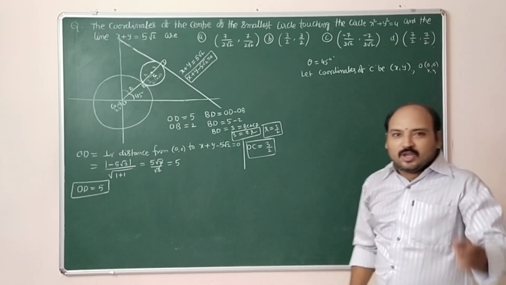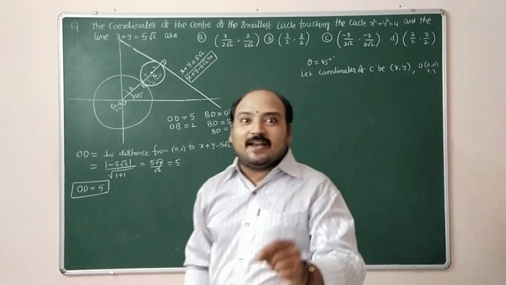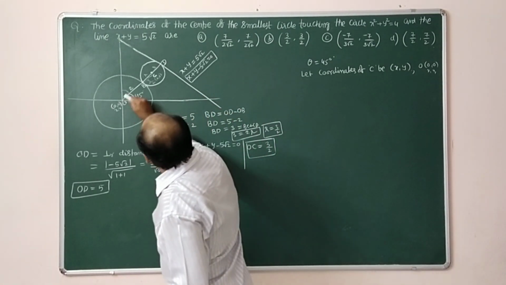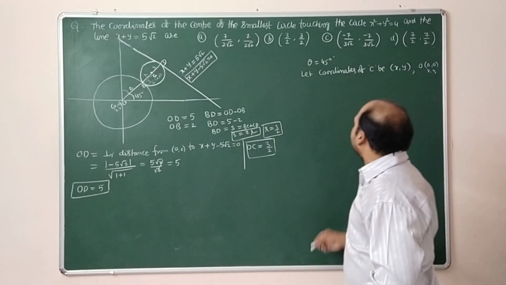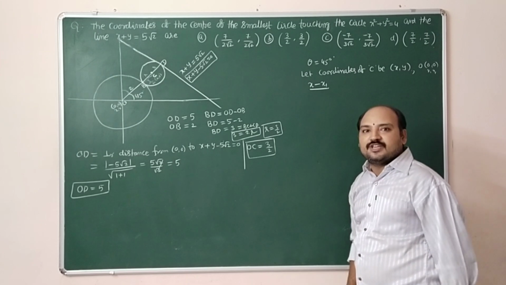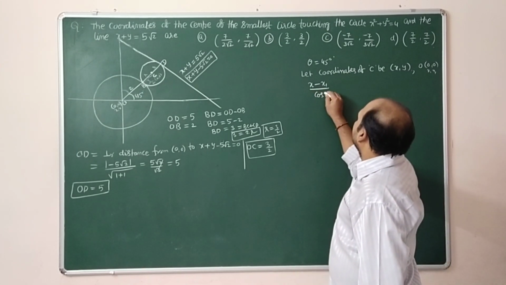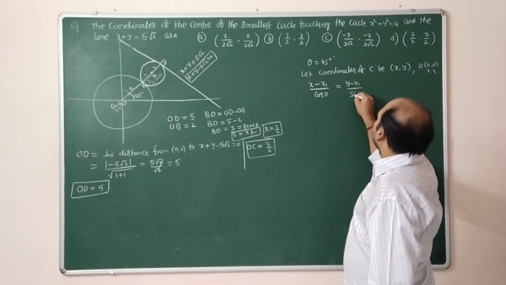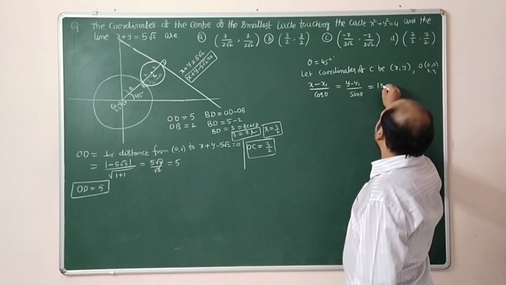By using parametric equations in the straight line concept from the first year, the symmetric form of the straight line. This OC line is there, no? So the symmetric form of the straight line, if you write it, is x minus x1 by cos theta equals y minus y1 by sin theta is equal to mod r.